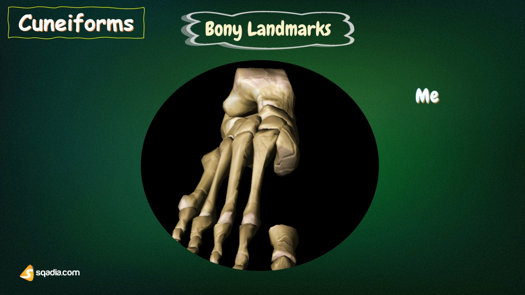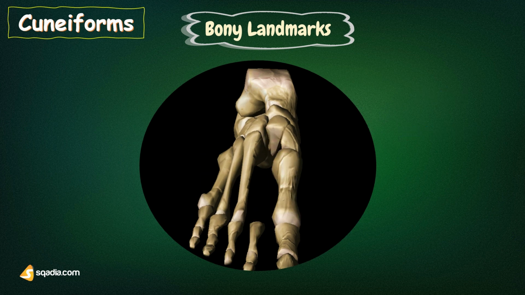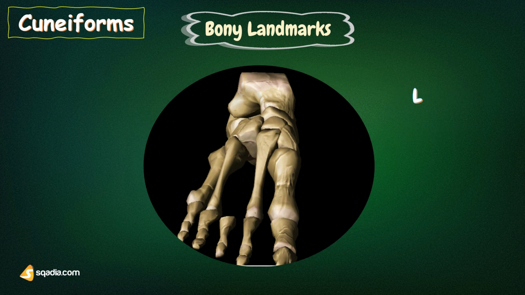The lateral surface is marked by a vertical facet along its posterior margin. This facet is for the lateral cuneiform bone. And lastly, the lateral cuneiform has a triangular facet in its upper two-thirds for the navicular bone. The lateral surface is marked in its posterior part by a triangular or oval facet for the cuboid.